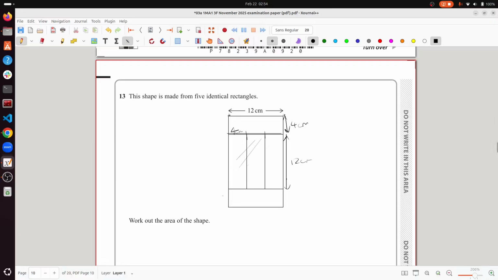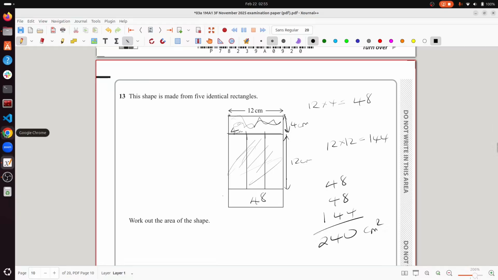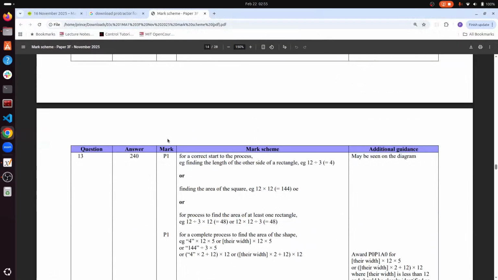So the area of all of this gives me 12 times 12, which is 144. The area of this side gives me 12 times 4, which is 48. Here as well will give me 48. So I have 48 plus 48 plus 144. That gives me 240 cm squared. Looking at that, 240 cm squared, that's correct.